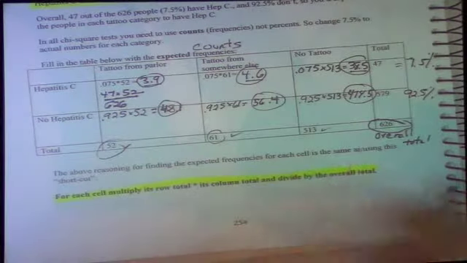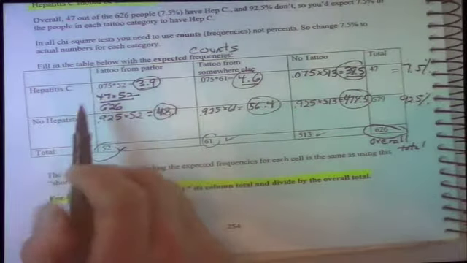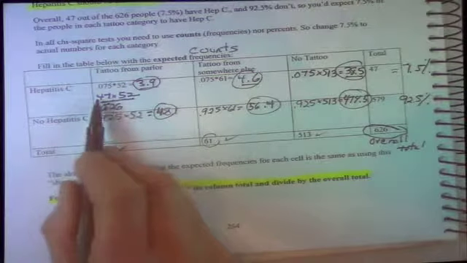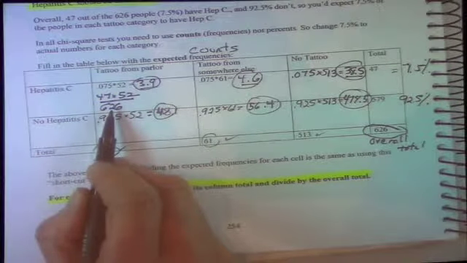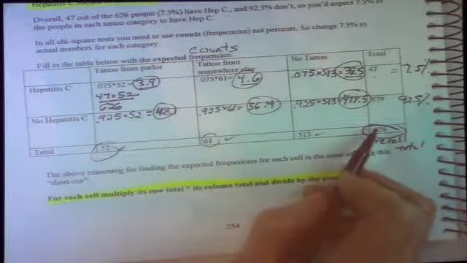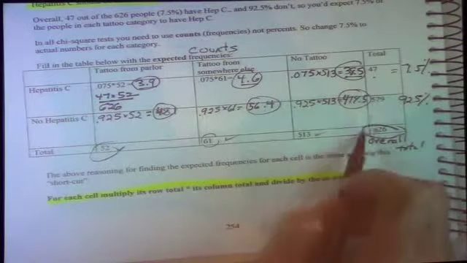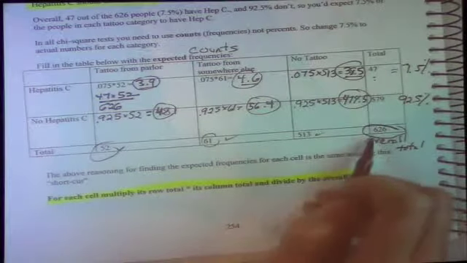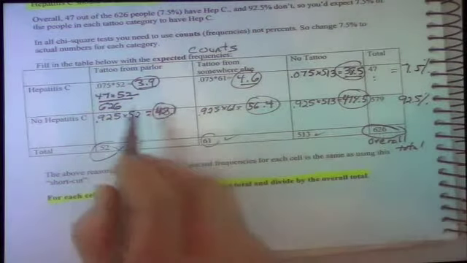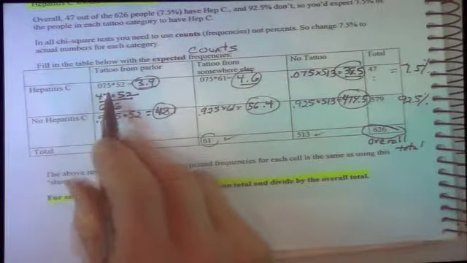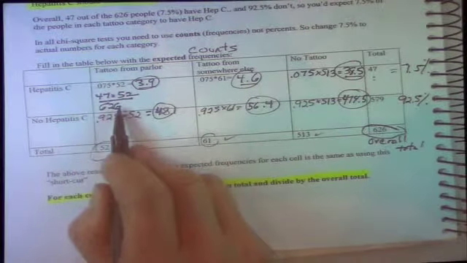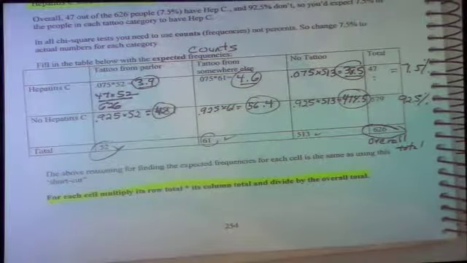Do you see why that works? If you have a calculator, 47 out of 626 is 7.5%. It's actually the decimal. 47 over 626 is exactly 0.075. So that's why it works. So you're really doing exactly the same thing.